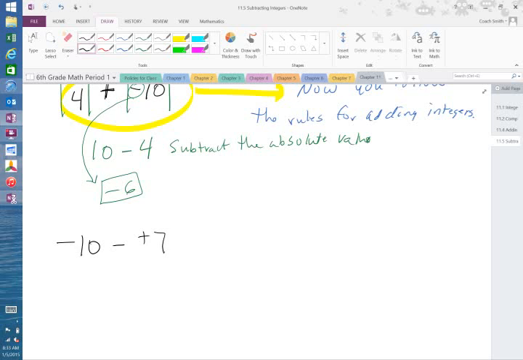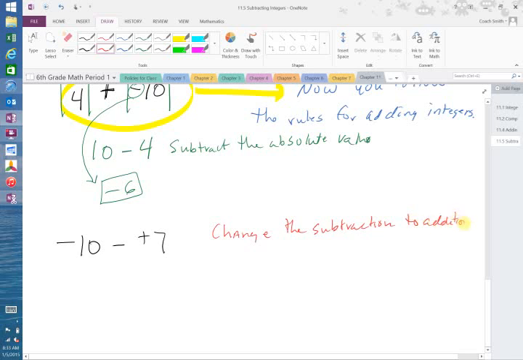So now, the first step, change the subtraction to addition. That's step 1. To do that, the first number stays the same, so negative 10.